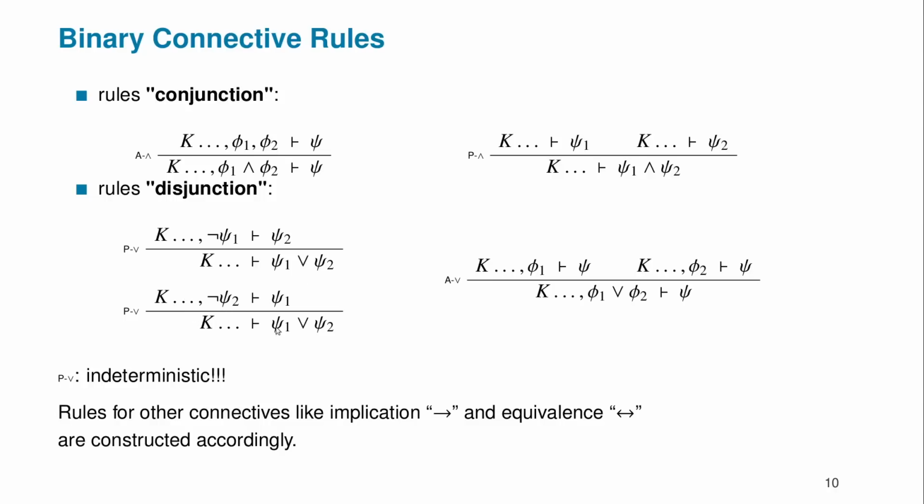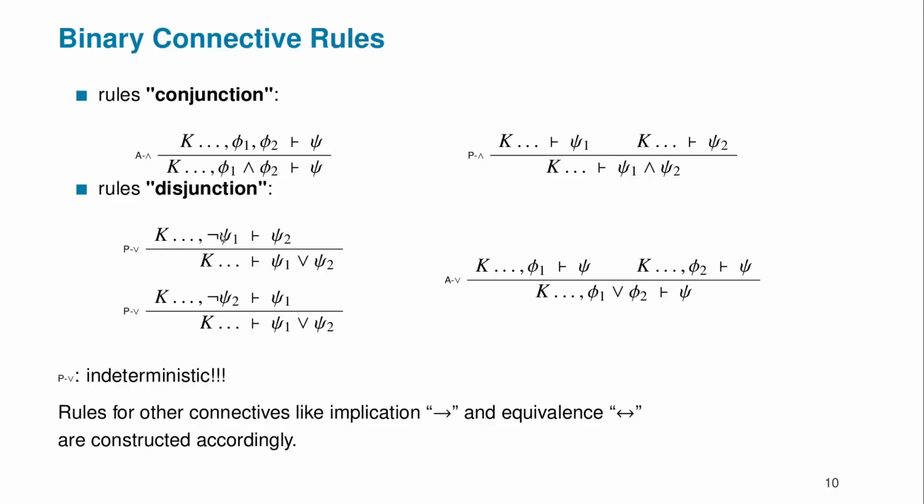Okay, and if we have a disjunction on the right hand side, then it's enough that one of the two formulas evaluates to true if the assumptions evaluate to true, and the other formula can be false. So we have two choices. Either we show the validity of psi 2 and assume that psi 1 does not hold.